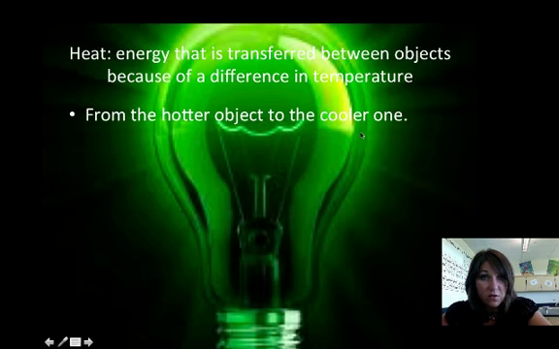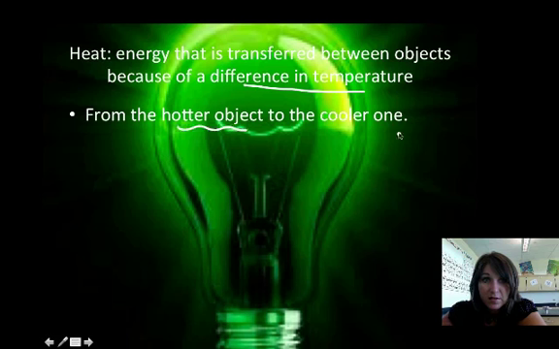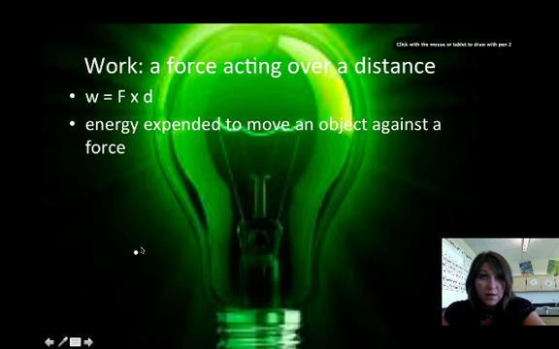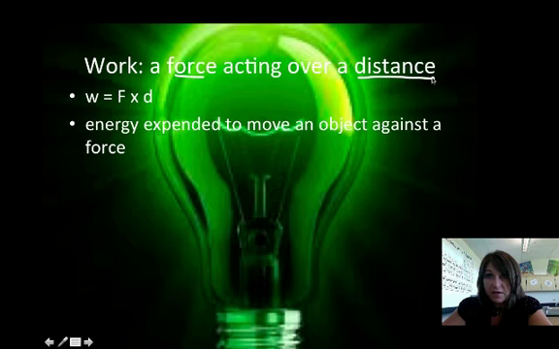All right, so let's look at heat then. Heat is energy that will be transferred from one object to another because of their difference in temperature. And heat will always move from hot to cold, right? From high heat to low heat. So work is a force that's acting over a distance.